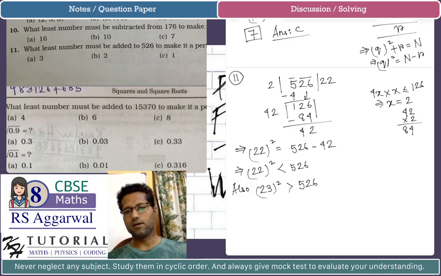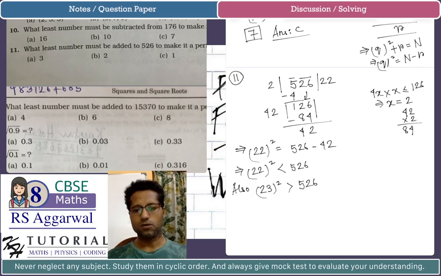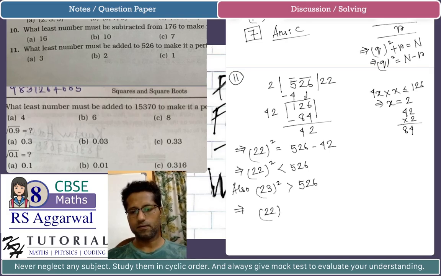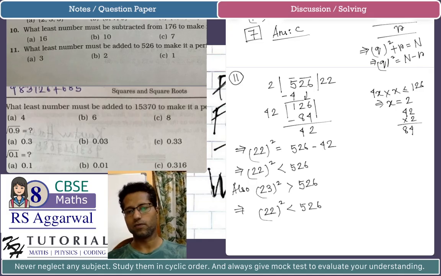So the given number 526 is greater than 22 square, but it is less than 23 square.